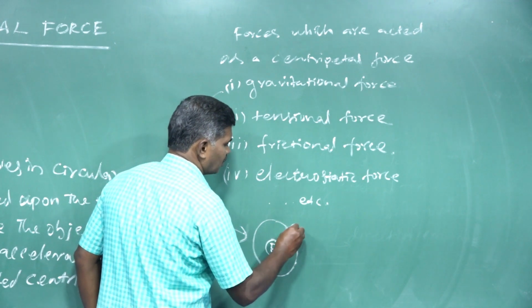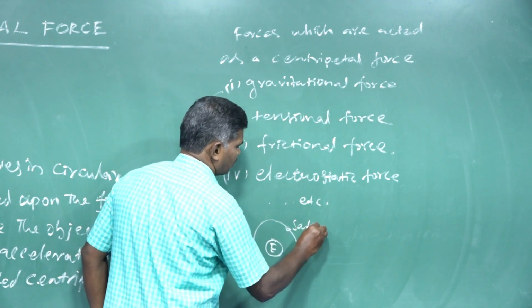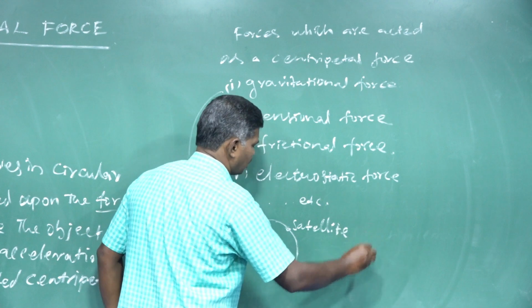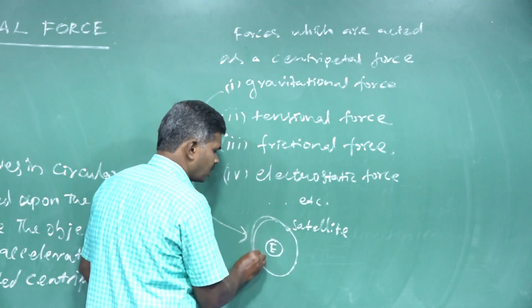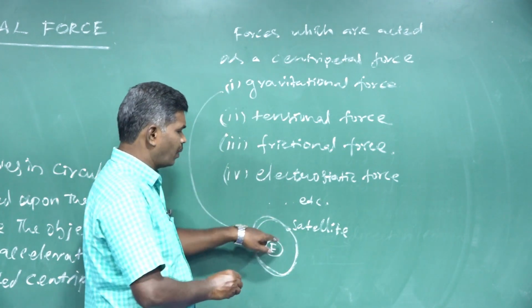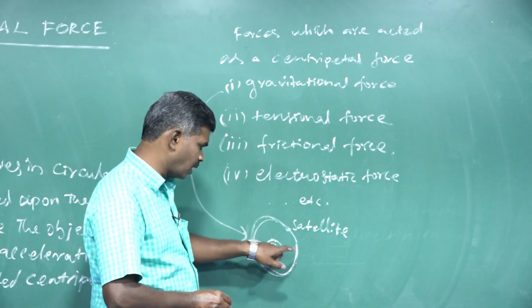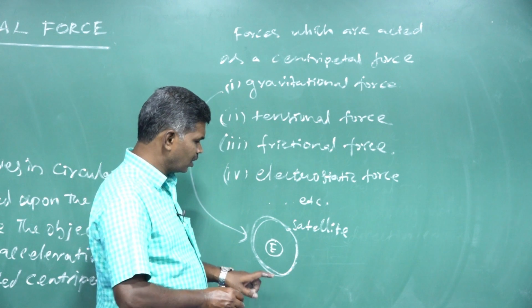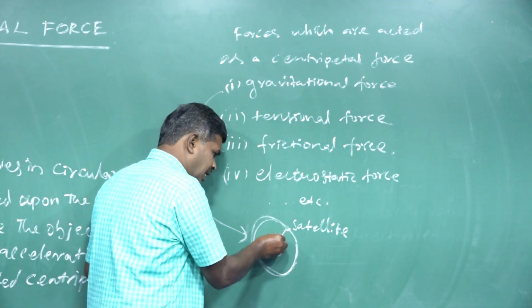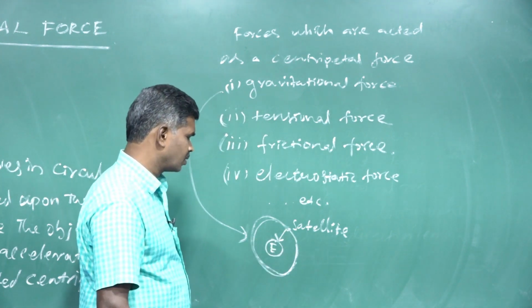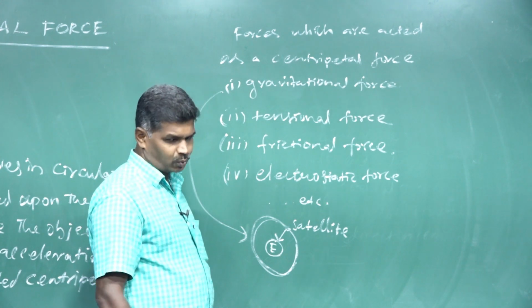At the time of revolving the satellite around the earth in a circular path, the satellite must be experiencing a centripetal force.